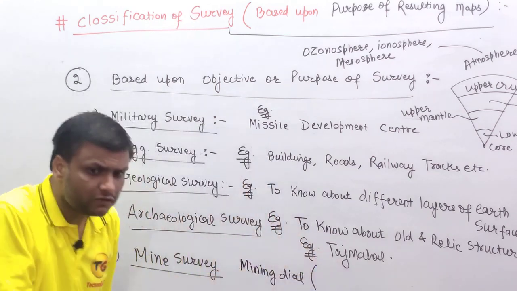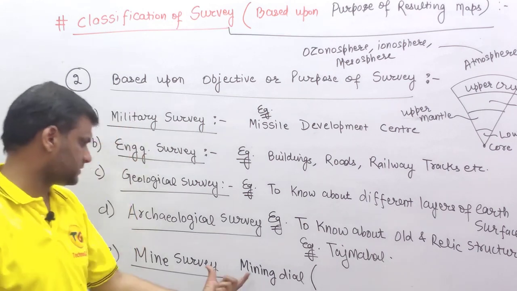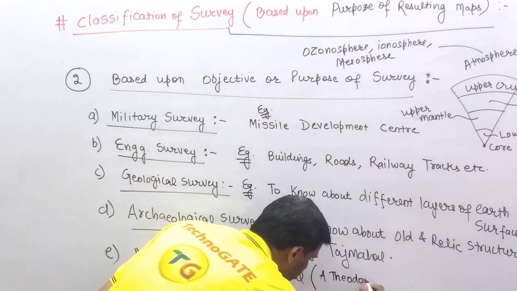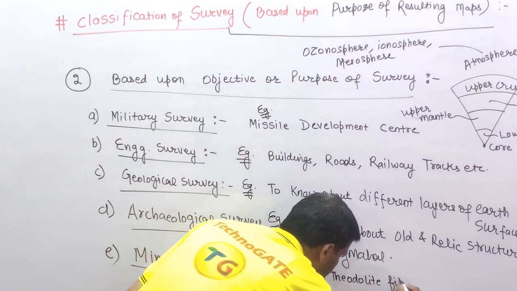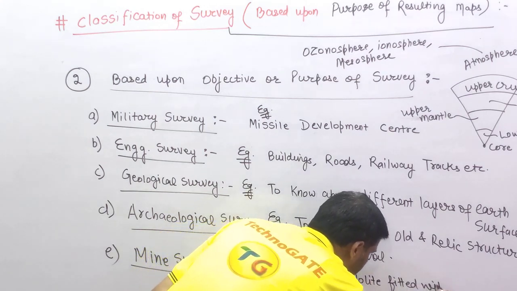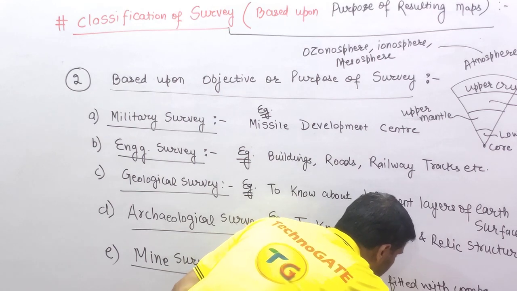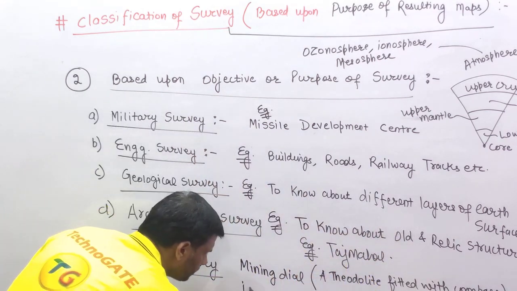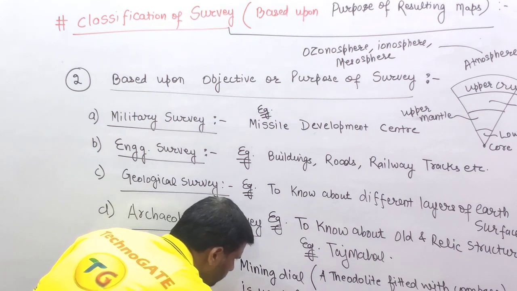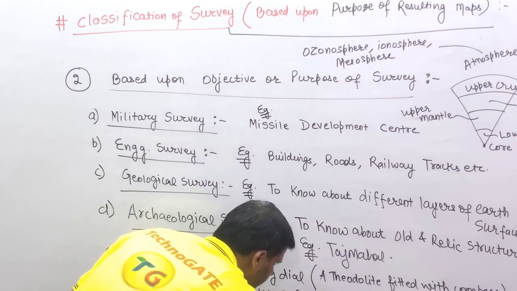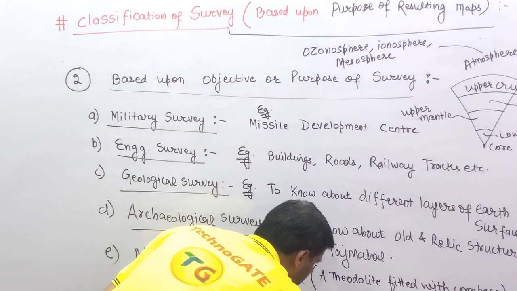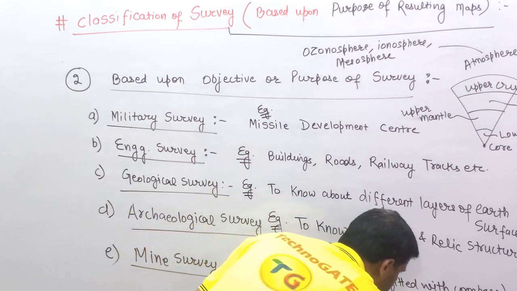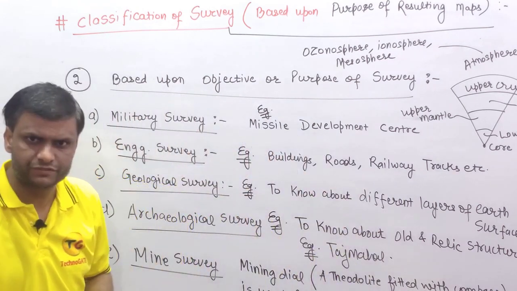That theodolite fitted with a compass is called the mining dial, and it is used for various mining operations.